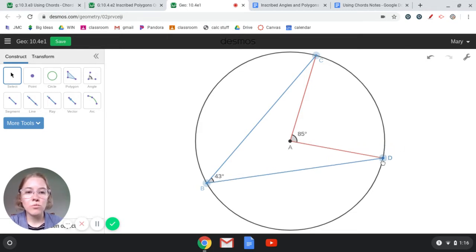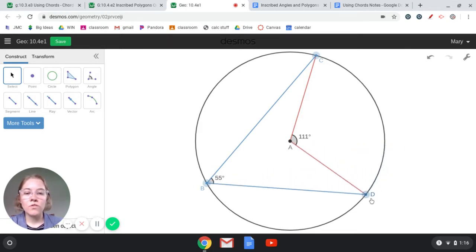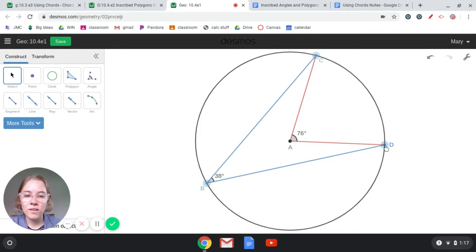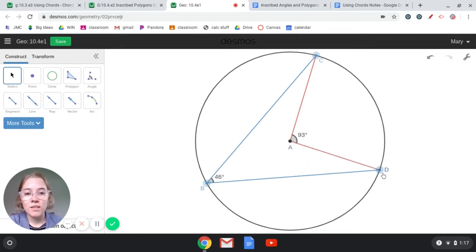If you did some math here, you might notice that the central angle is always twice as big as this inscribed angle. That's the key idea here. This theorem says that CAD is twice as big as angle CBD. The central angle is twice as big as the inscribed angle when they have the same endpoints.